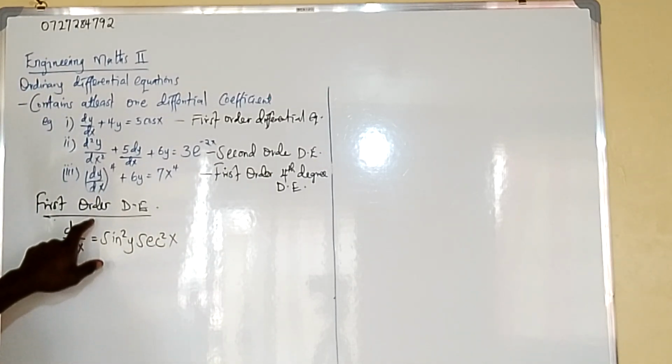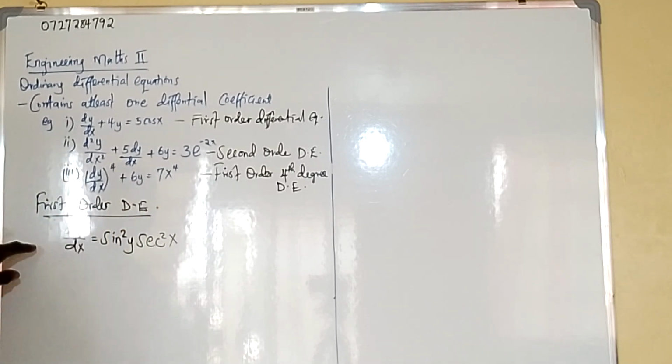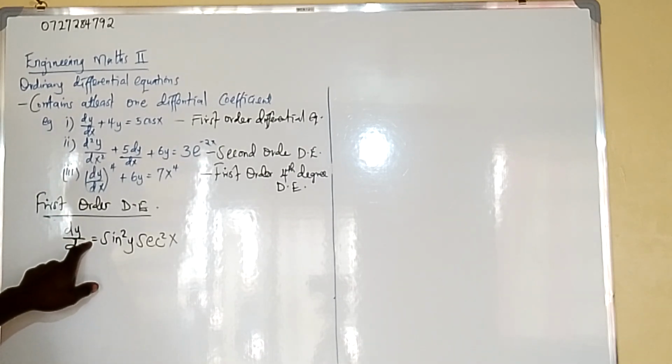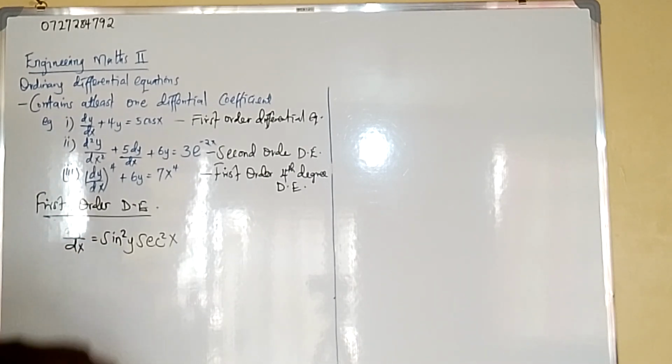This is a first order differential equation. You can see dy/dx. If it were d squared y dx squared, it would have been a second order differential equation.